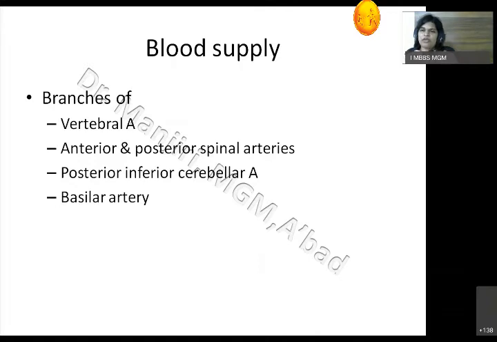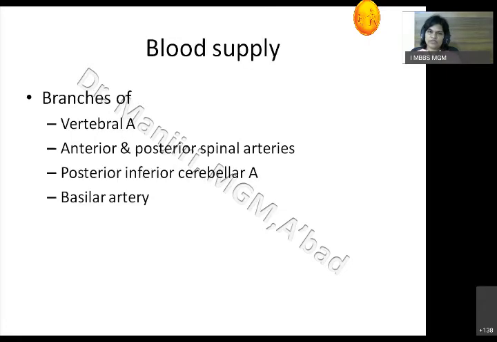If you remember the brainstem, on the dorsal aspect of the brainstem there is a fourth ventricle, and over the fourth ventricle there lies the cerebellum. So obviously the blood supply will be shared, and I have just told you that over the pons, two vertebral arteries will join to form a single basilar artery. So these are the vessels which are going to supply the medulla.